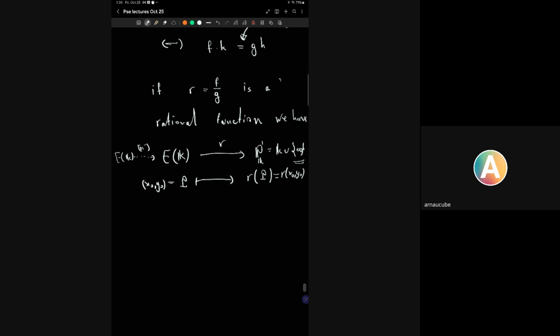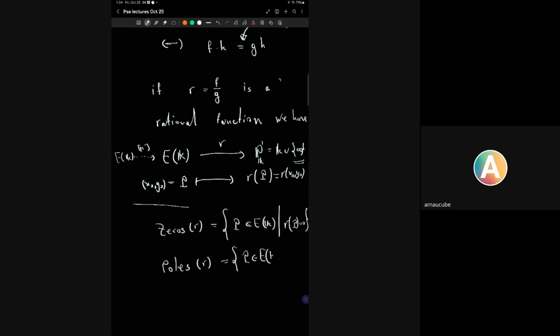So now there is this business of zeros and poles. The set of zeros of R is the collection of all points in E of K such that R of P is equal to 0. And the poles of R are the collection of all points P such that R of P is equal to infinity.